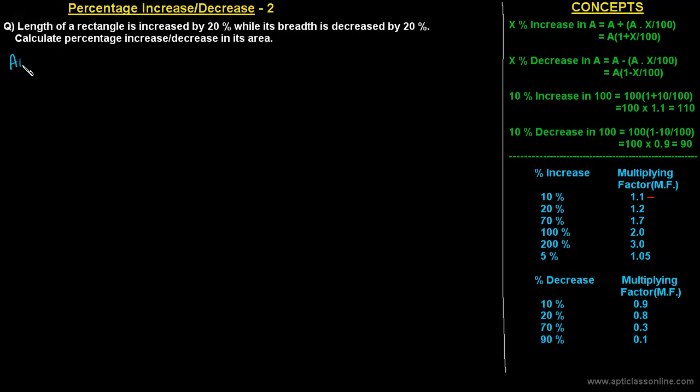First of all, we will read the question. Length of a rectangle is increased by 20% while its breadth is decreased by 20%. Calculate percentage increase or decrease in its area.